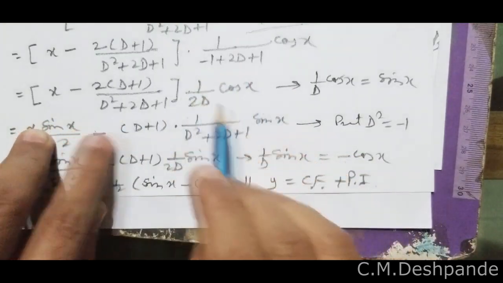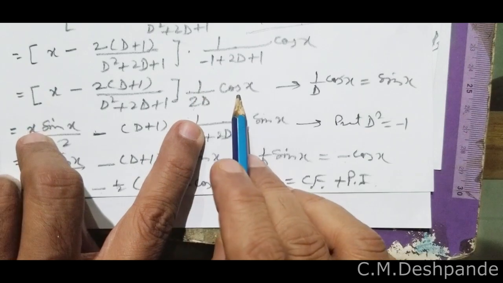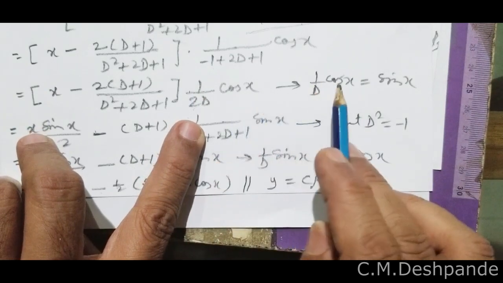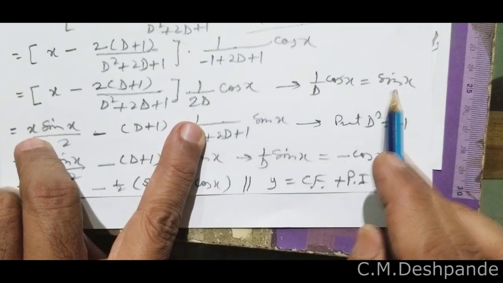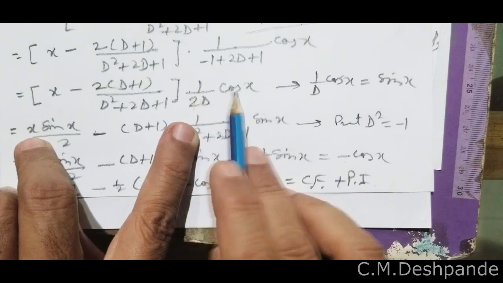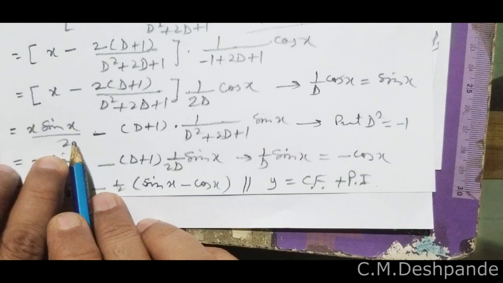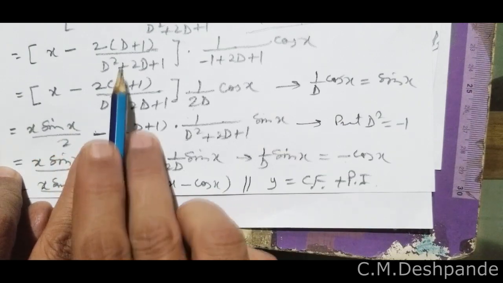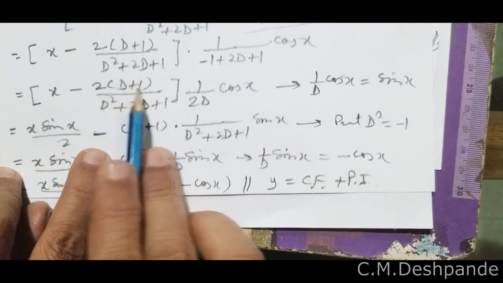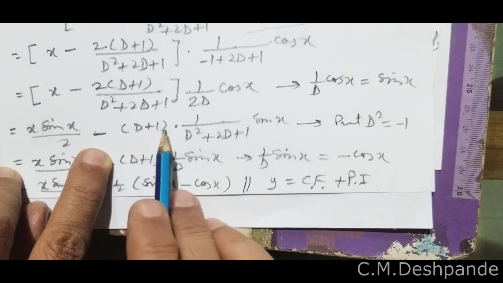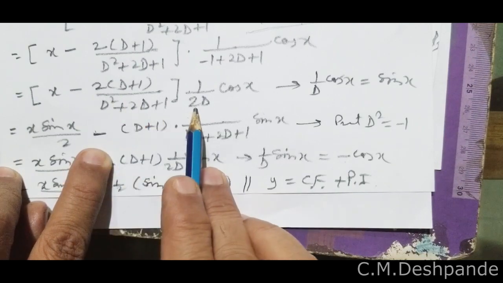Now 1 upon D operating on cos x is the integration of cos x equal to sin x. Now this 1 upon 2 sin x multiplied by this bracket x into sin x upon 2 minus, from this numerator take 2 common, so 2 in bracket (D plus 1), and this 2 cancelled with this 2.